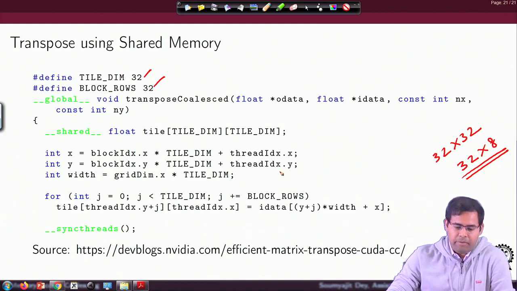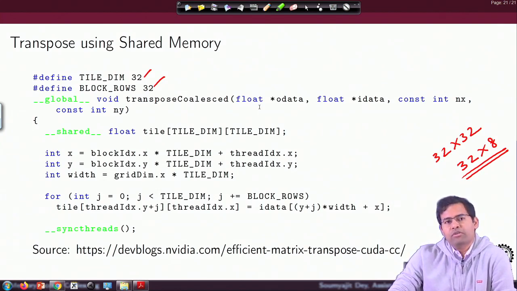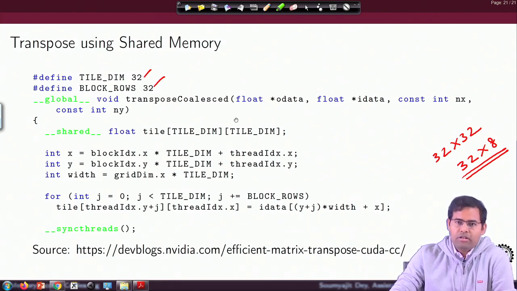Coming back to our idea of doing a matrix transpose while exploiting shared memory, what is the whole reason for using shared memory? In the naive column and naive row approaches, there was either a problem with non-coalesced loads in terms of global memory coalescing, or a problem with non-coalesced stores.